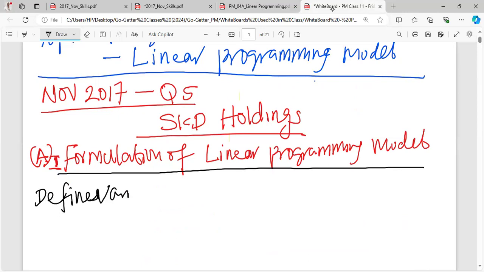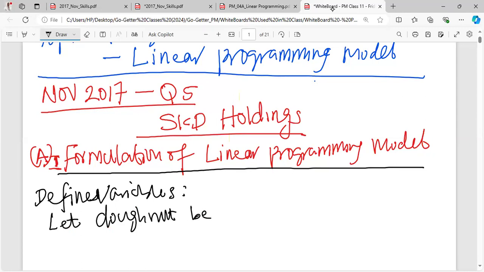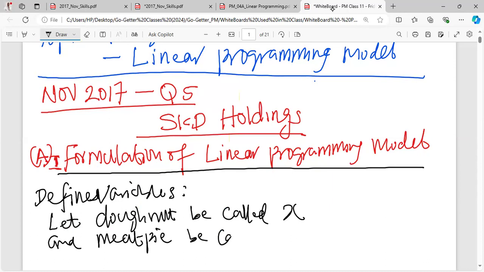Let donut be called X and meat pie be called Y, right? So we are on point. We have defined our X and Y.